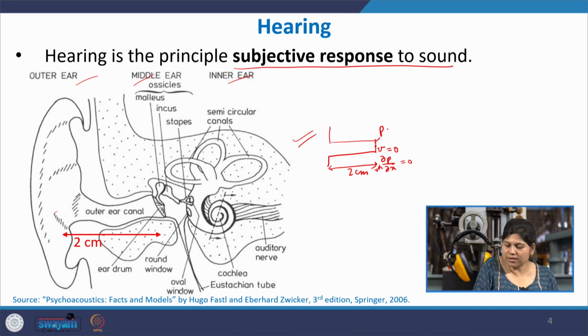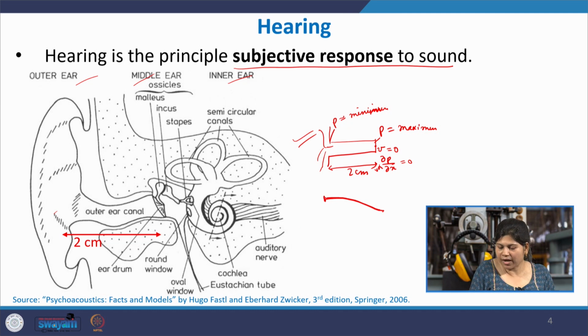So, p is maximum here, and where it finally meets the atmosphere and diffuses, p reaches the minimum value. So the waveform can look like this. If p is a sinusoidal wave of pressure variation, then here we have the minima, and at the other end we reach the maxima.